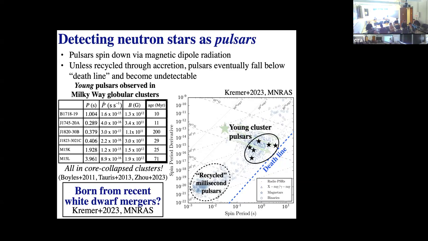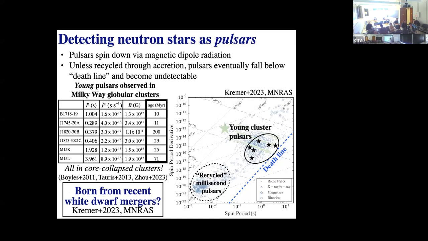Now, a really interesting subpopulation is this population of 6 pulsars in clusters that are very clearly not radio millisecond pulsars. This subpopulation of 6 have slow spin periods of order a second, indicating that they have apparent ages that are very young. These have inferred ages of roughly 10^8 years or less, consistent with what you would have expected for something like the Crab pulsar that was born and spun down over time.